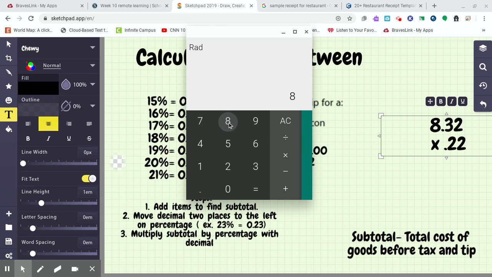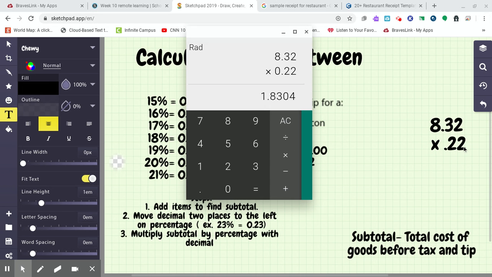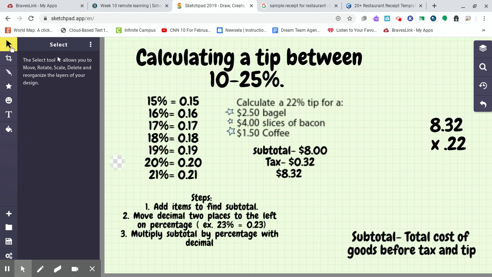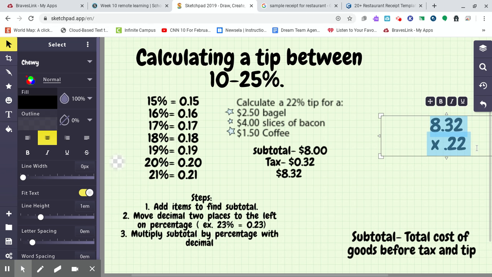So 8.32 times 0.22. So I'm figuring out the tip. So my tip is remember, only two places to the right of the decimal, $1.83. So I'm going to put that in.